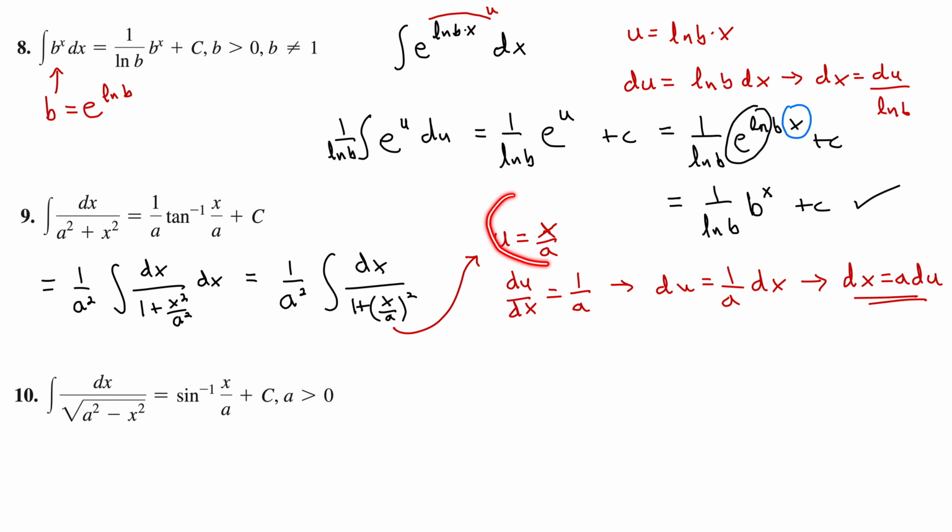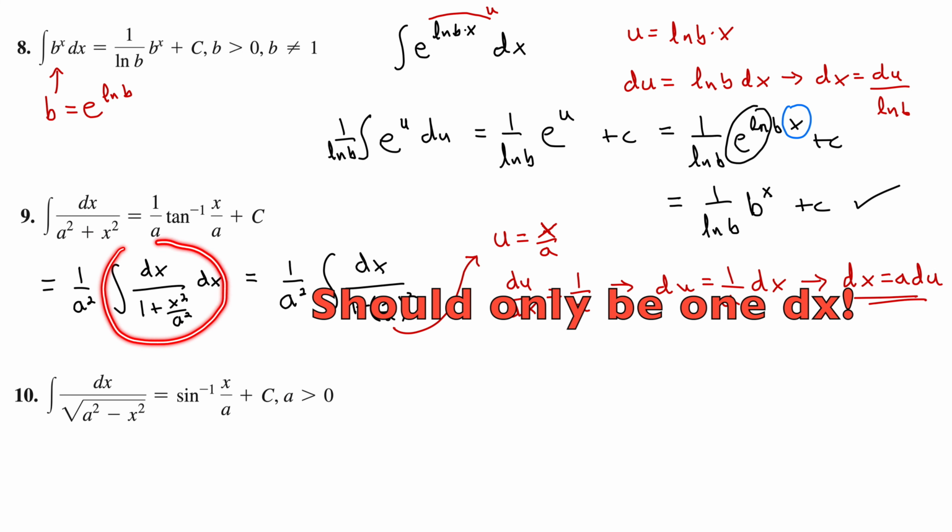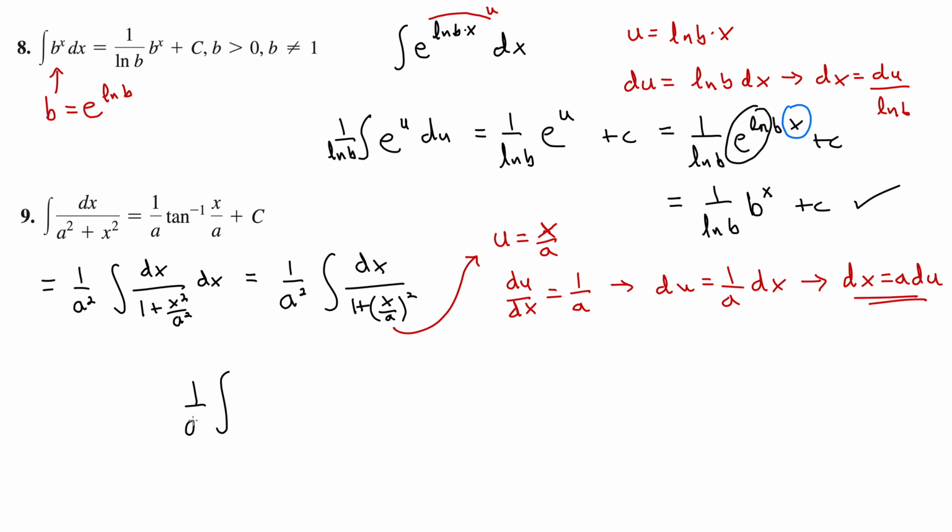So we have our u and we have our dx. We sub all that in here to this integral, which gives the integral of 1 over a squared, dx was a du, over 1 plus u squared, because remember u was x over a.